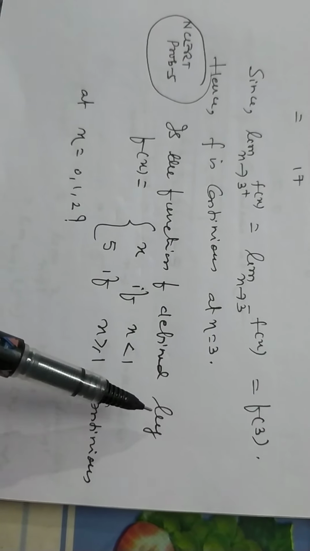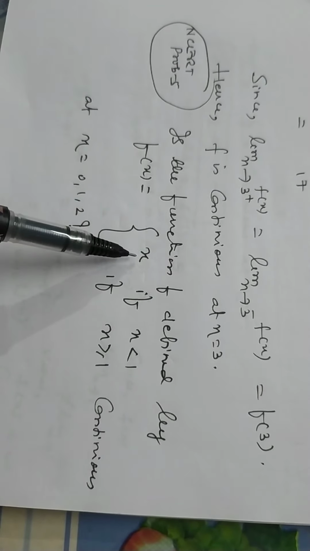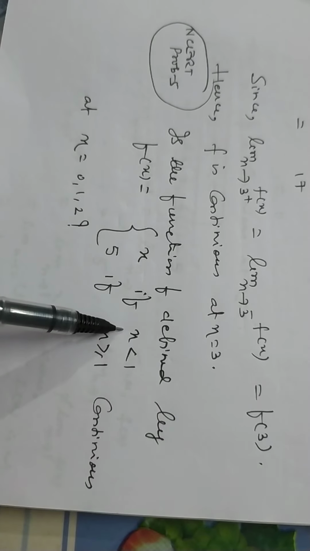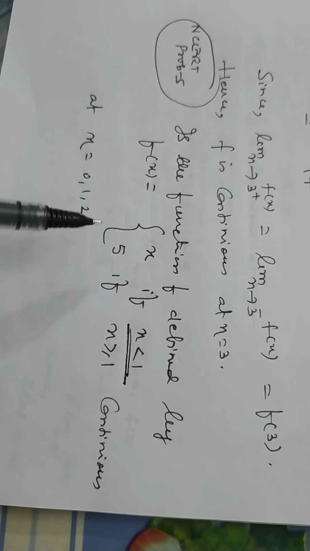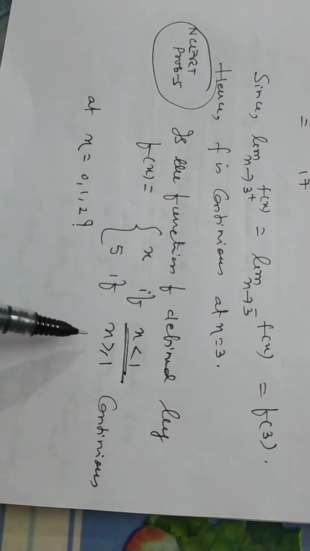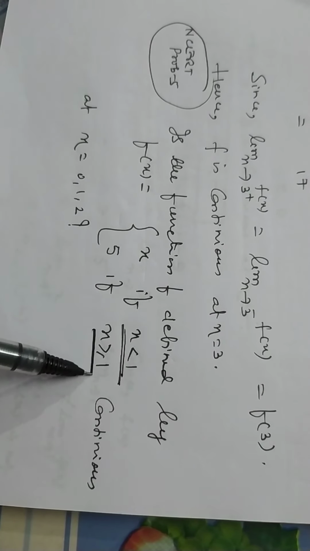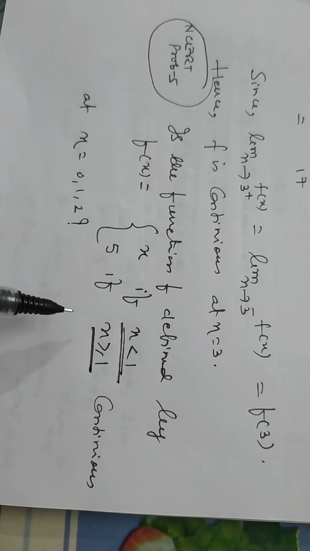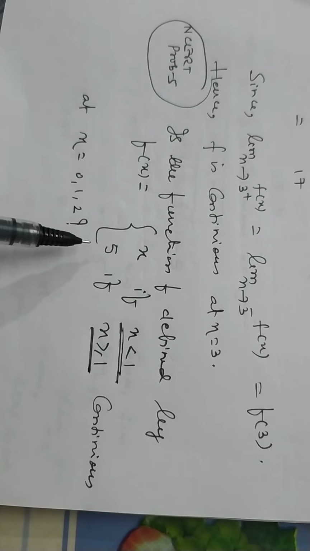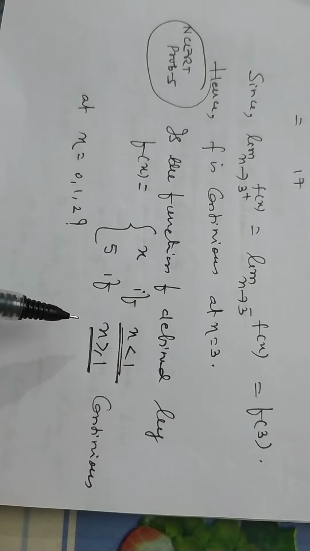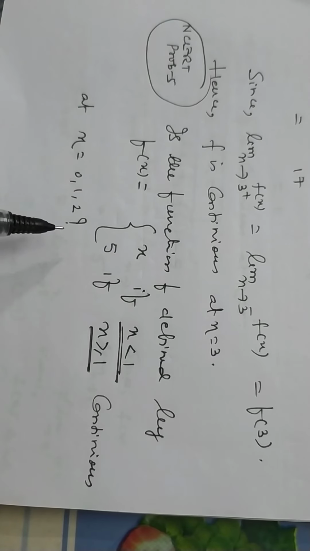Now see problem number 5. Is the function f defined by f(x) = x if x is less than 1, and f(x) = 5 if x is greater than or equal to 1, continuous? Try to read it. So the value at x = 1 is 5, and the value for x greater than 1 is 5.